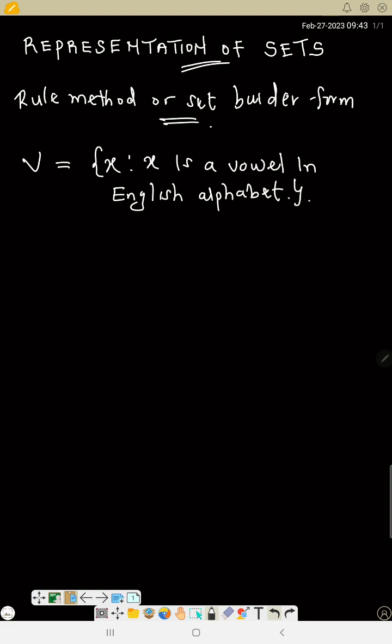Now what does this mean? This representation means the set of all x such that x is a vowel in the English alphabet.